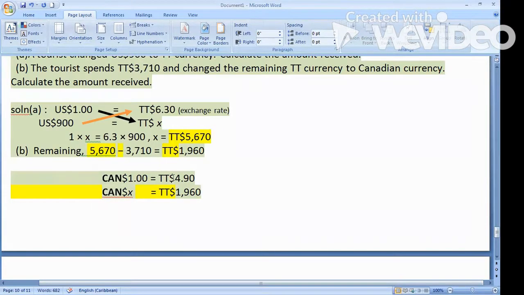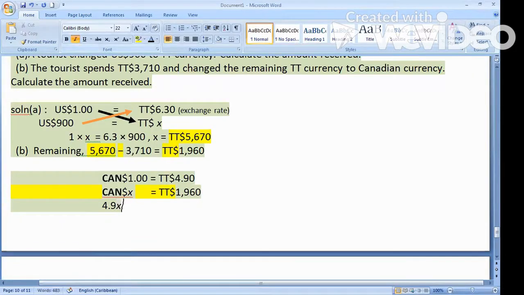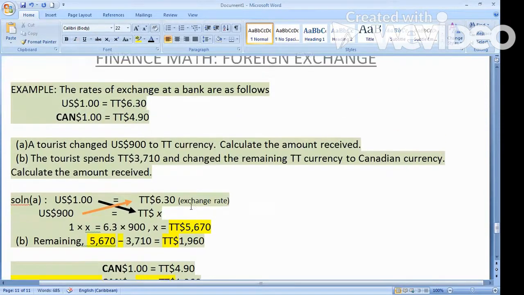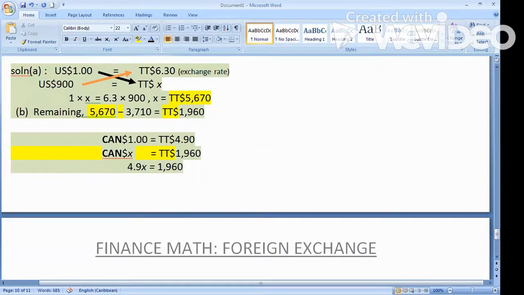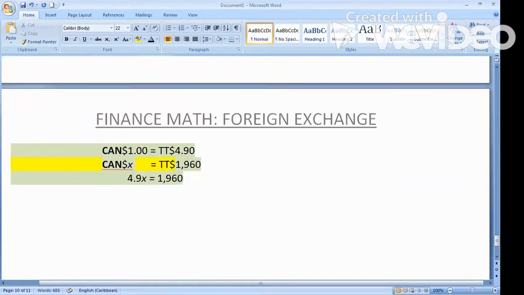So 4.9 times x equals 1 times 1960, which is 1960. Then we divide everything by 4.9.